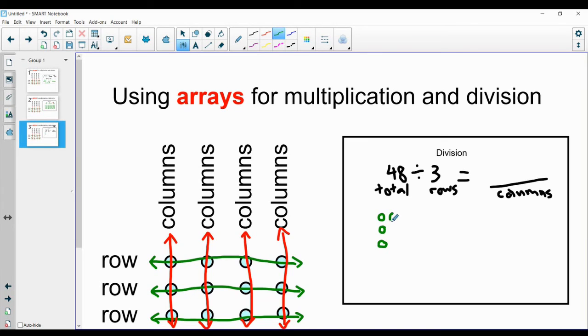So I have 3, 4, 5, 6, 7, 8, 9, 10, 11, 12, 13, 14, 15, 16, 17, 18, 19, 20, 21, 22, 23, 24, 25, 26, 27, 28, 29, 30.